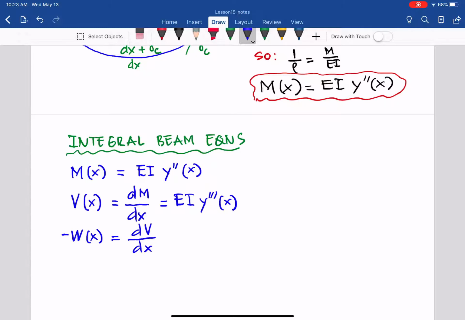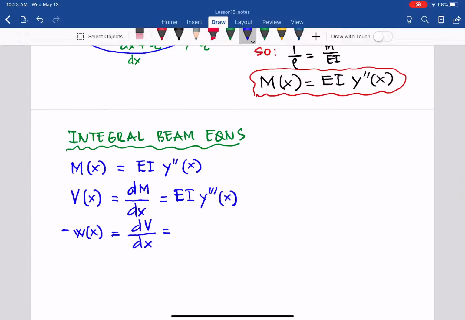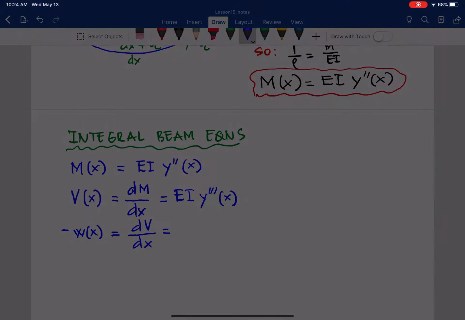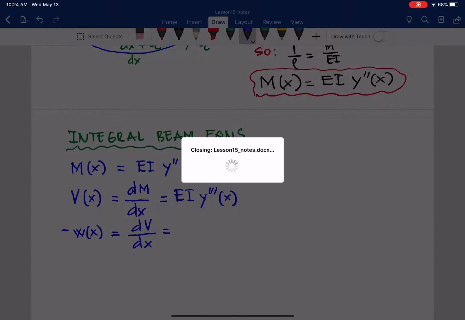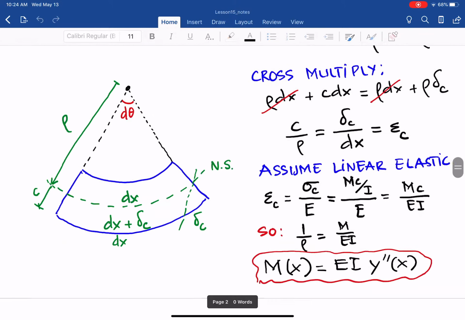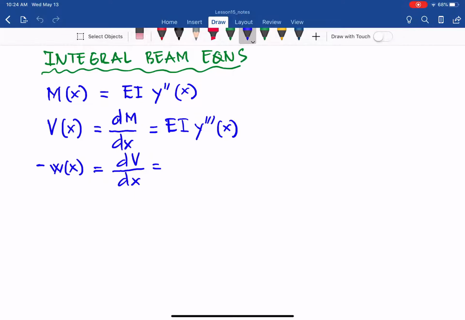The slope of the shear equals the magnitude of the distributed load. So, of course, the fourth derivative of the elastic curve function equals the distributed load, 1, 2, 3, 4 x.